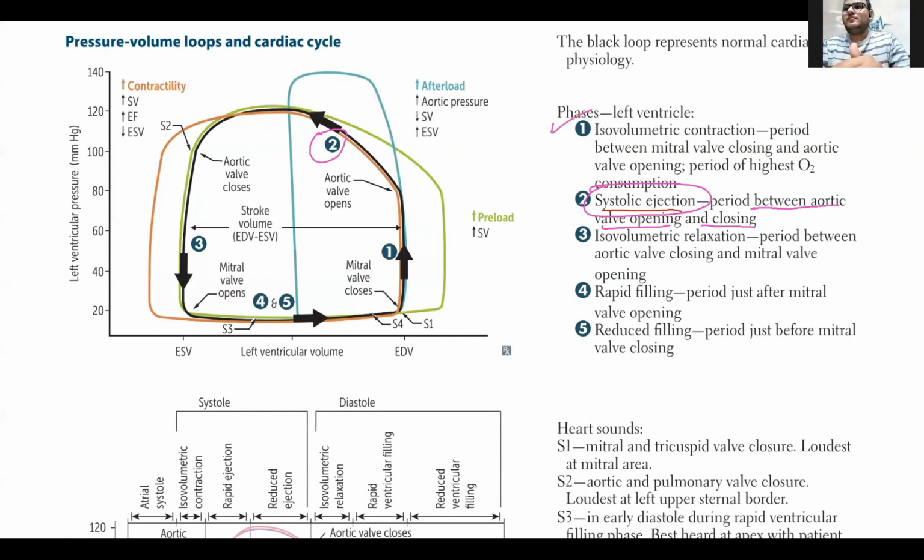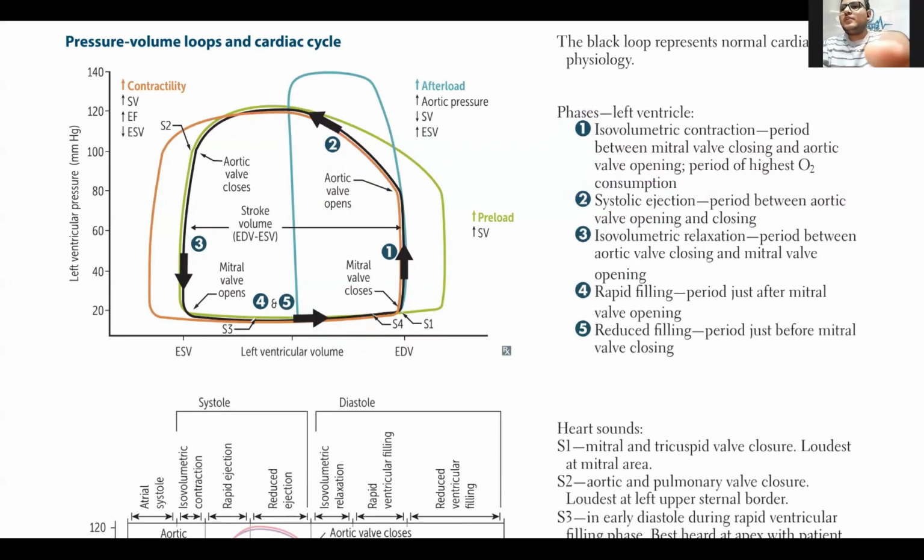But in systolic ejection, the left ventricle starts ejecting blood, and this happens when the aortic valve opens. Now you can see that this curve is tilted because the volume in the left ventricle is decreasing as the blood is going toward the aorta. So the curve is like this in this phase.